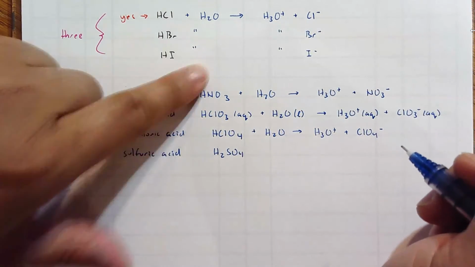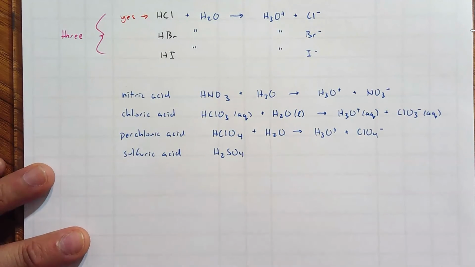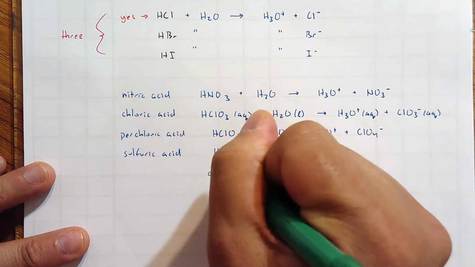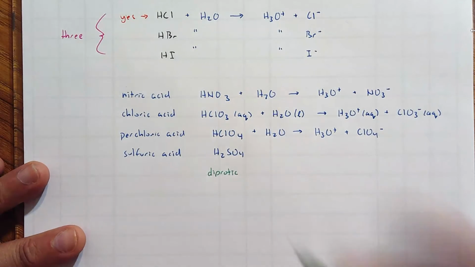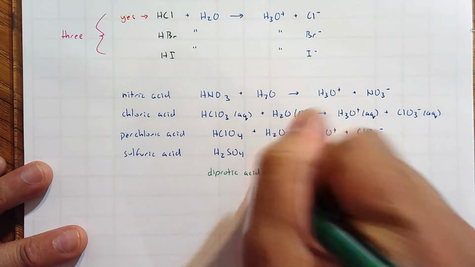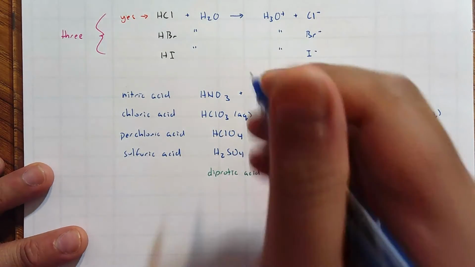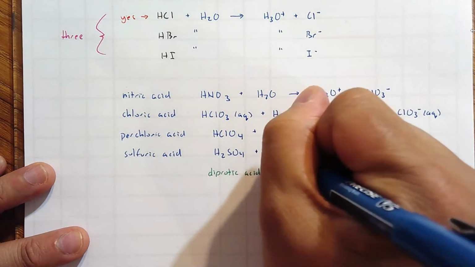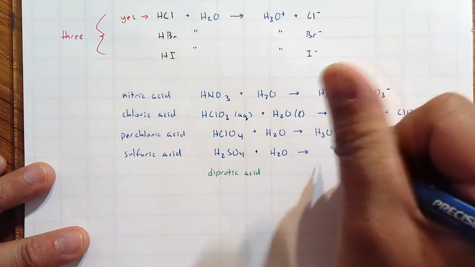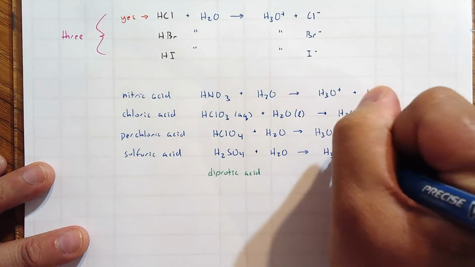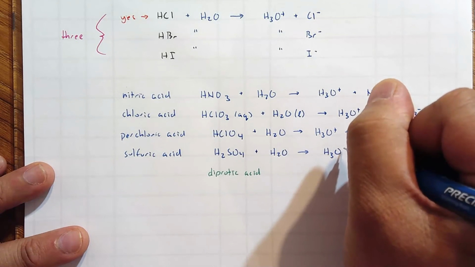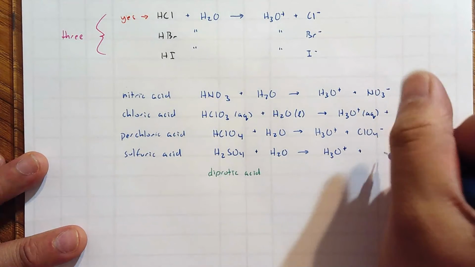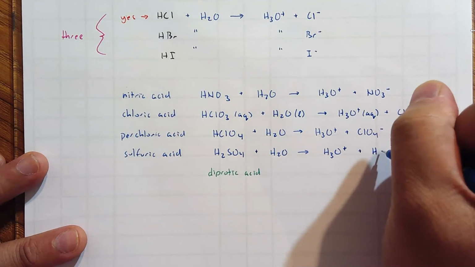H2SO4. It's the only one that is diprotic. So this is a diprotic acid. It has two protons that can be donated. But when they talk about it being a strong acid, they're talking about it releases its first proton completely. So you do get one molecule of H3O plus for every one molecule of H2SO4, and you only lose one proton at first.